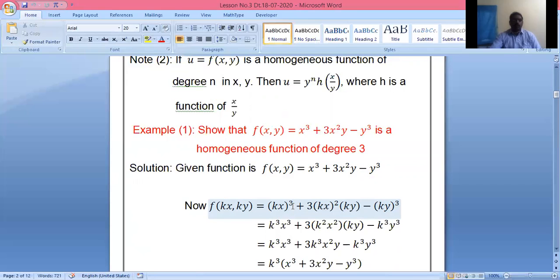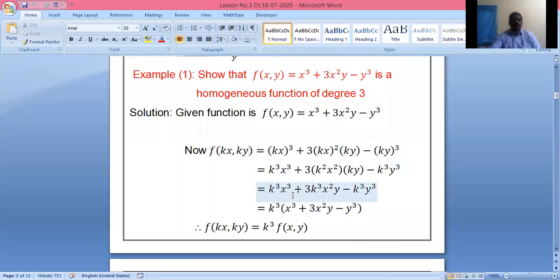Kx whole cube is k cube x cube, plus 3 into kx whole square into ky is 3 into k square x square into ky, minus ky whole cube is minus k cube y cube. So we get k cube x cube plus 3k cube x square y minus k cube y cube.